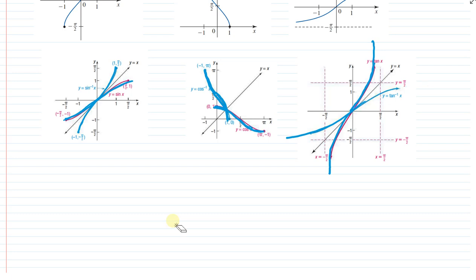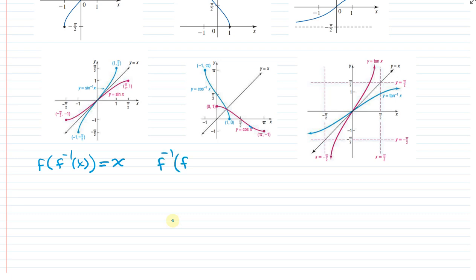Again, I just want to emphasize the importance of the symmetry between the function and its inverse. And of course, we always have f of f inverse of x equal x, for any function that's 1 to 1, this relationship holds. The other one was f inverse of f of x equal x.